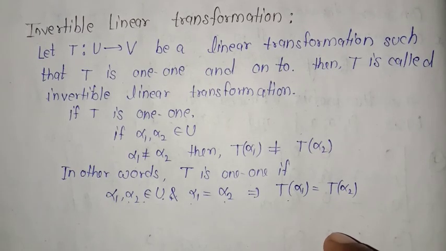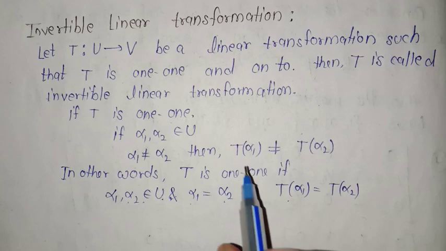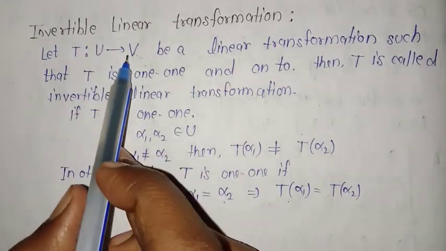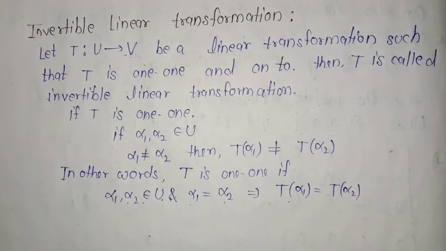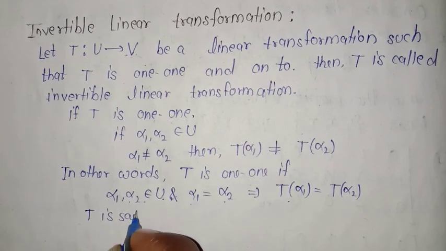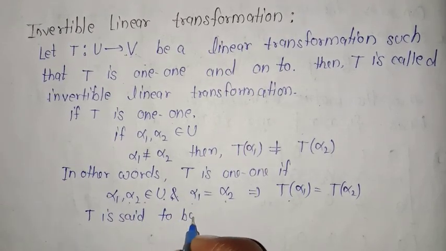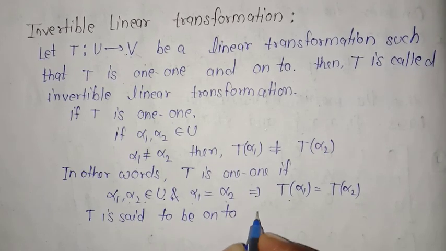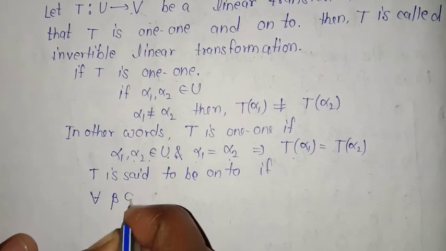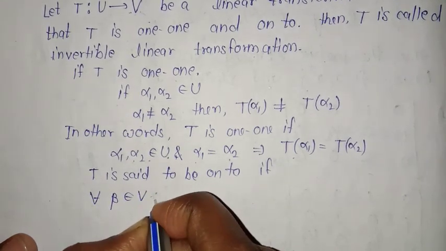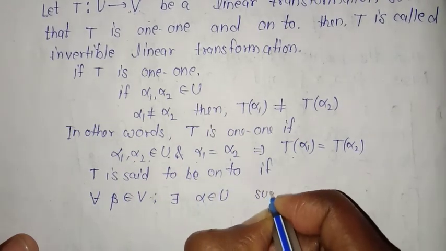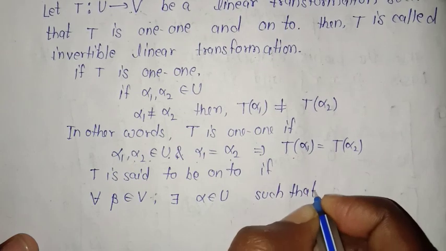Now if we want to check onto, then for each element in the second vector space V, there should be a pre-image in the vector space U. So T is said to be onto if for all beta belongs to V, there exists alpha belongs to U such that T of alpha equals beta.